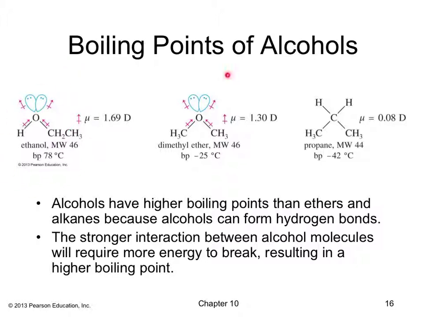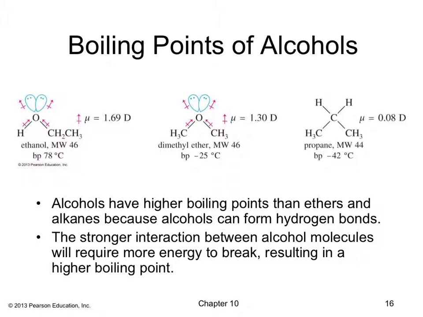Here's ethanol, here's diethyl ether, and here's propane. Alcohol has the higher boiling point than ether, than the alkane, because this can form hydrogen bonds, right? From the H and the O, this only on the O, and this has none. So the stronger the interaction between the alcohol molecules will require more energy to break.